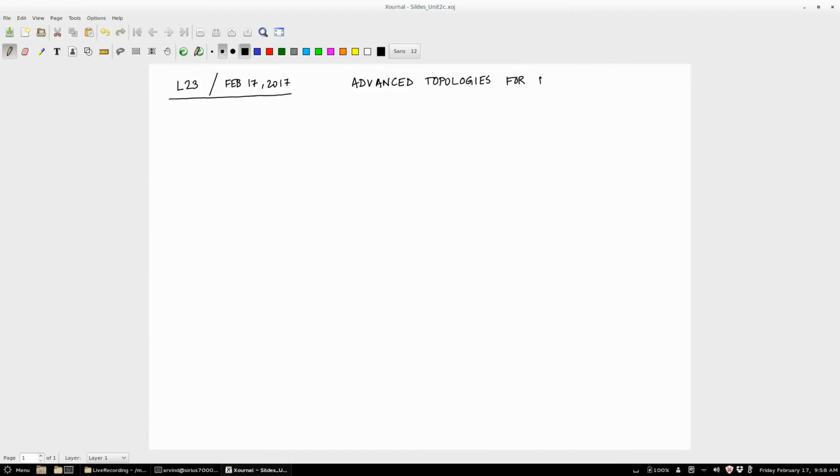Let me not say common source amplifier; this is advanced topologies for biasing circuits. We are starting a new topic, so pay attention. Even if you have not followed something earlier, you can catch up.